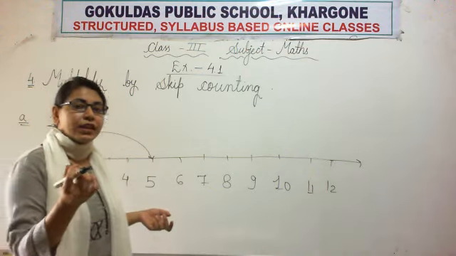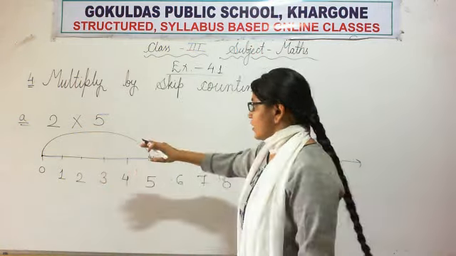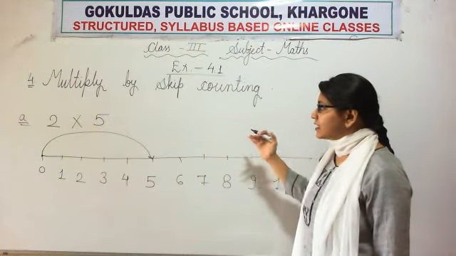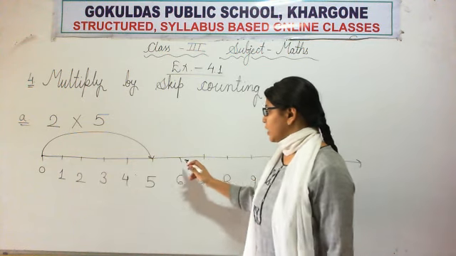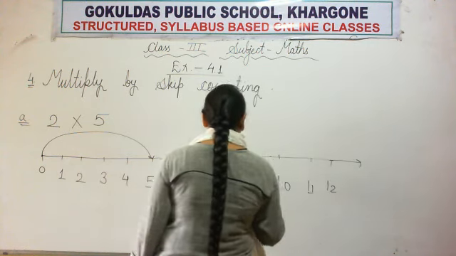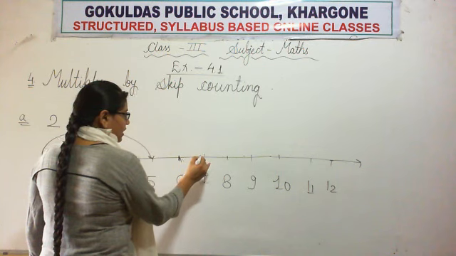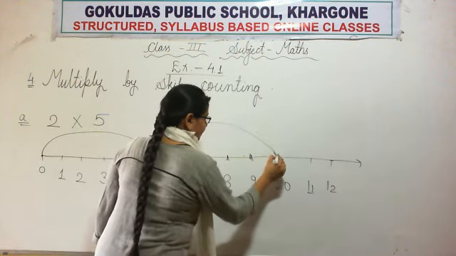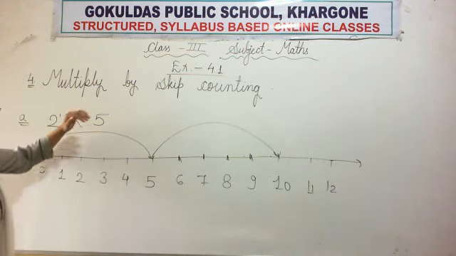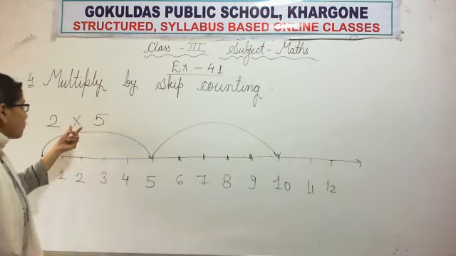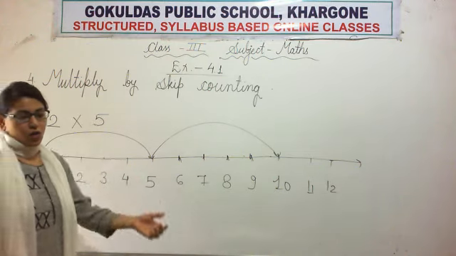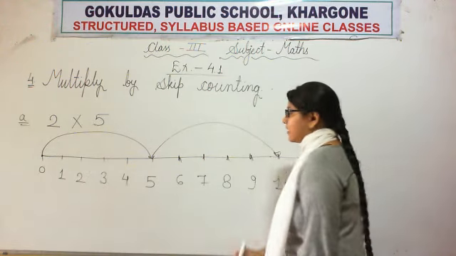Now again we'll move 5 forward and skip 5 numbers. Okay, so 1, 2, 3, 4, 5. 2 times 5 multiply by skip counting. So it means we need to skip 5 two times. So we reach that number 10.